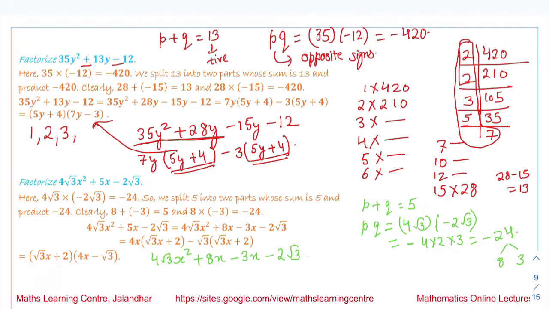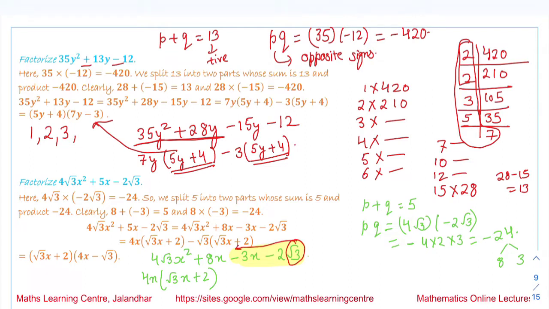Suppose we take 4x common from the first term, so we are left with root 3x plus 2. Now in the second grouped terms, we want to make it in the form root 3x plus 2, so we have to take root 3 common here.